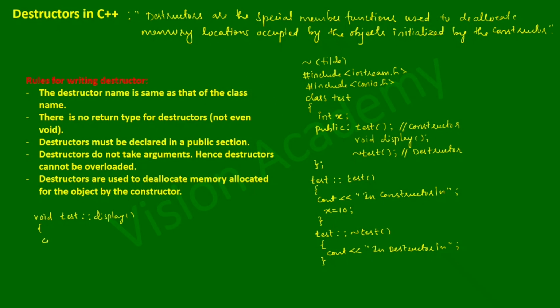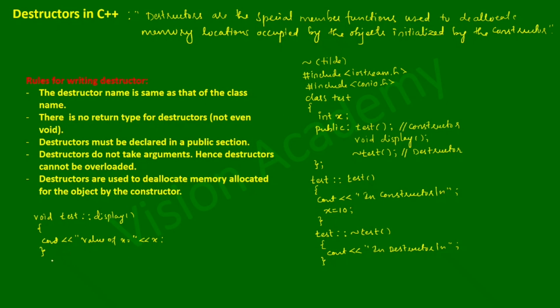I'll write a cout statement, stream insertion operator, and in double quotation marks I'll write "value of x is equal to", end the quotation mark, and then write x.